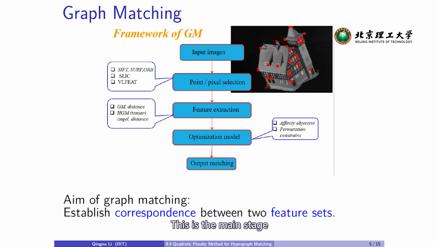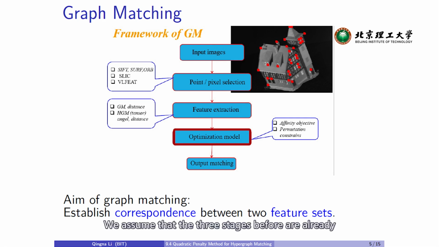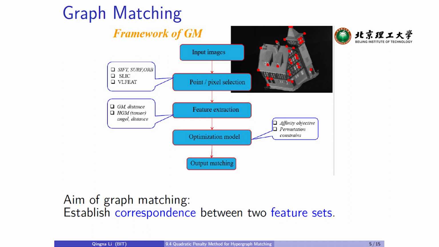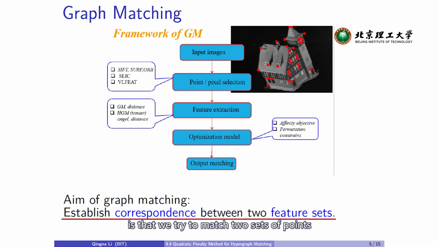This is the main stage of graph matching, and the mathematical or optimization model part is what we are going to focus on. We assume that the three stages before are already executed for us, and we focus on the fourth step. The aim of graph matching is to match two sets of points by some mathematical model.